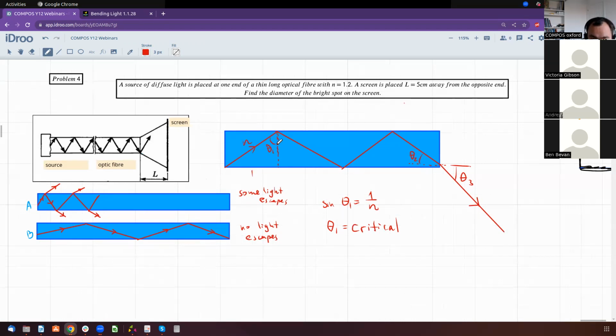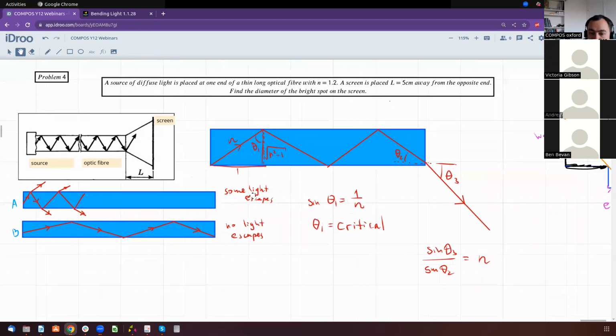So this side of this triangle is the square root of n squared minus 1. Now for this, we will write Snell's law. Sine θ3 divided by sine θ2 is going to be equal to n, the refractive index.